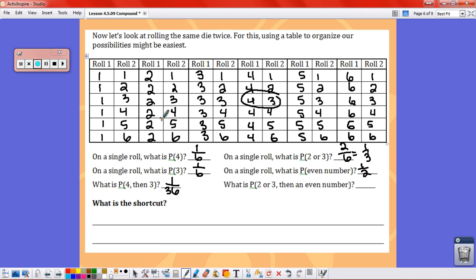Well, when we use our table, this gets really complicated, but let's go ahead and do that. So we have to look at our 2s and our 3s. And on those, we have to look at the second one being an even number. So if I roll a 2 and then an even number, these are my possibilities. If I roll a 3 and then an even number, these are my possibilities.